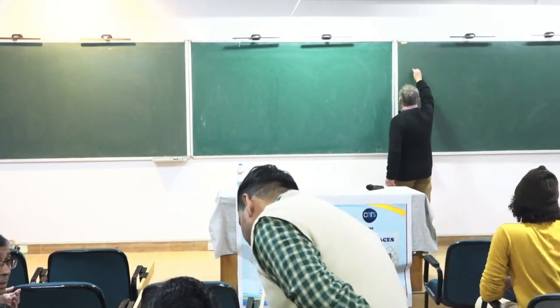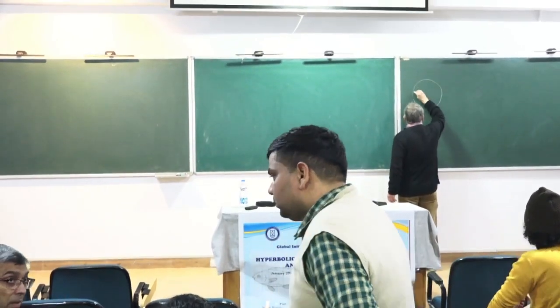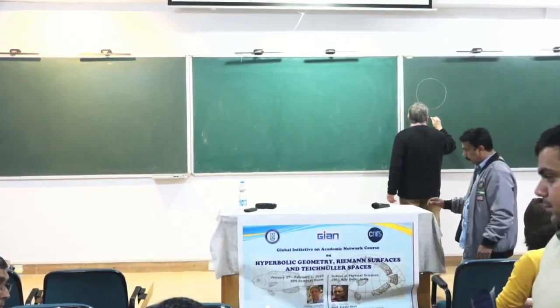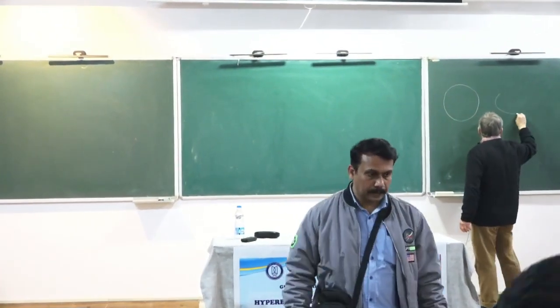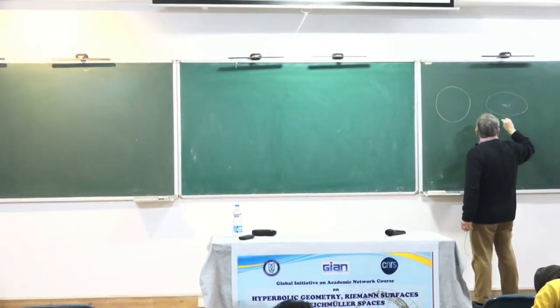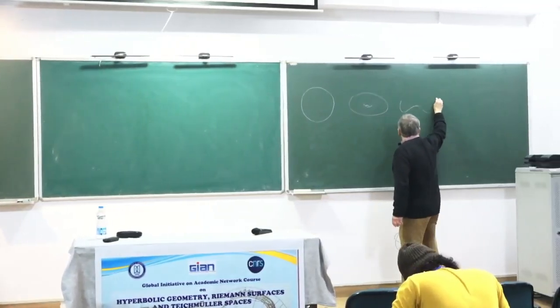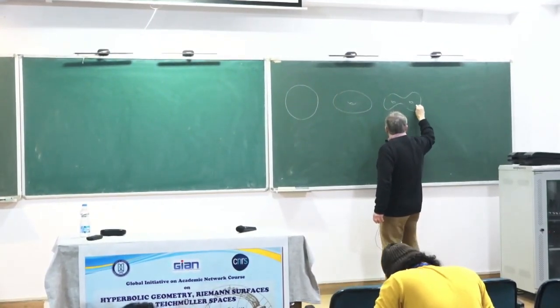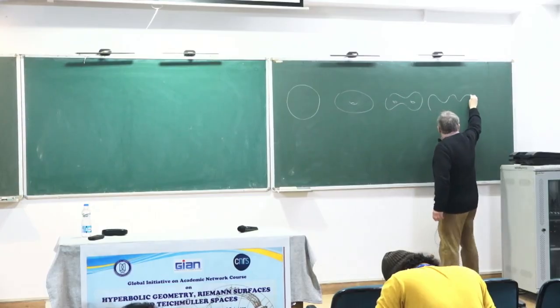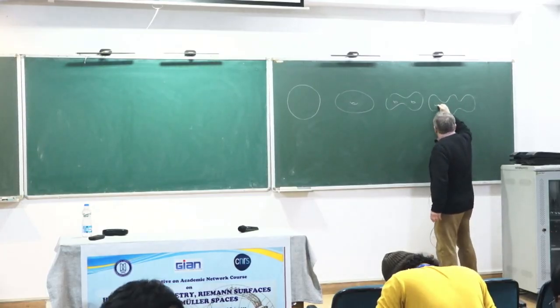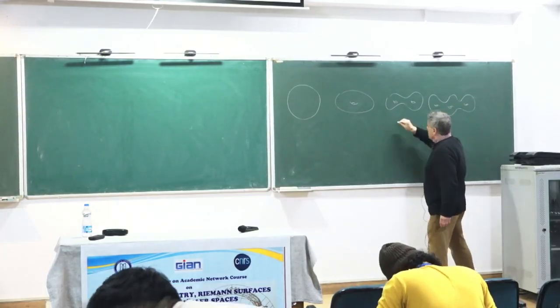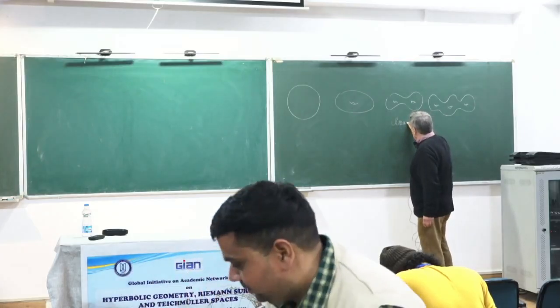Time. So we said that we have the sphere. We have the torus, and then we have these closed surfaces.